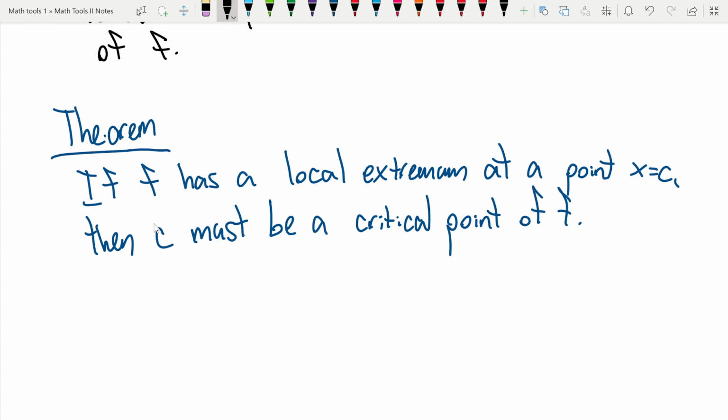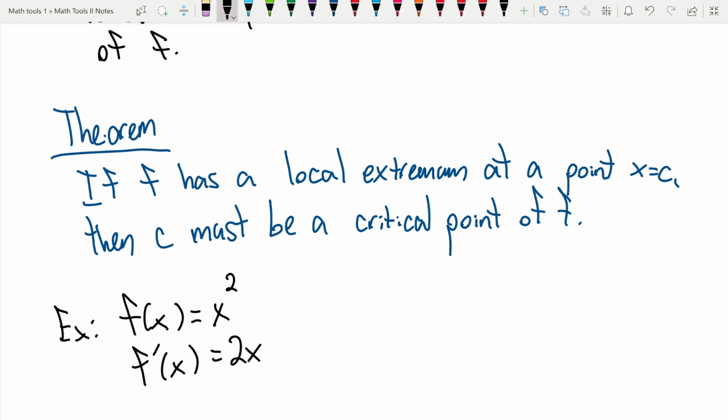So if we look at f of x equals x squared, for example, then the derivative of f is 2x. So we're looking for where the derivative is 0 or undefined.